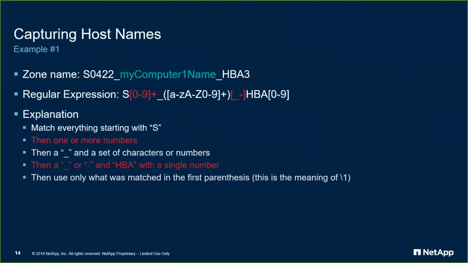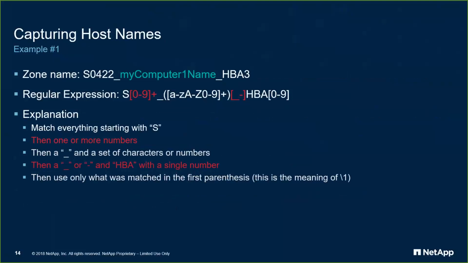So that would work for S0, S04, or in this case, S0422. Now the underscore indicates that the digits that follow the S must be followed by an underscore. So if, say, a letter followed that, we would not have a match. But in this case, an underscore follows the numbers, so it moves on.